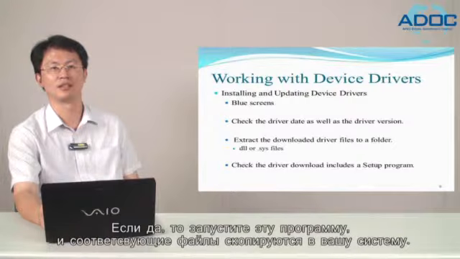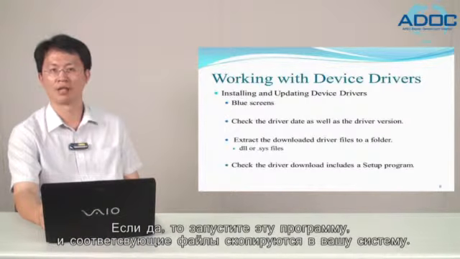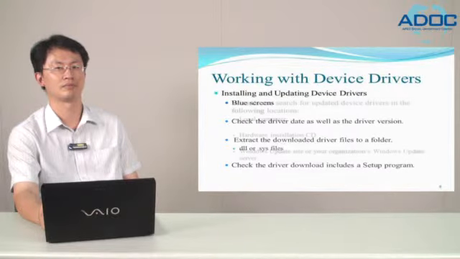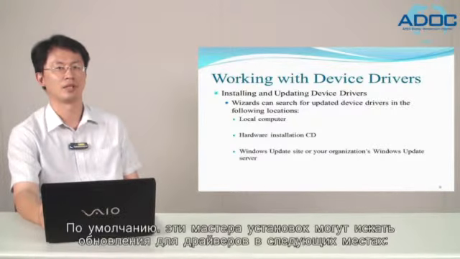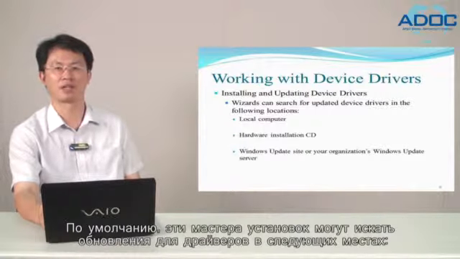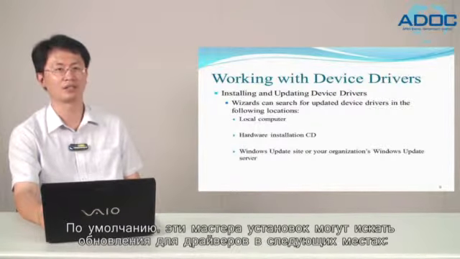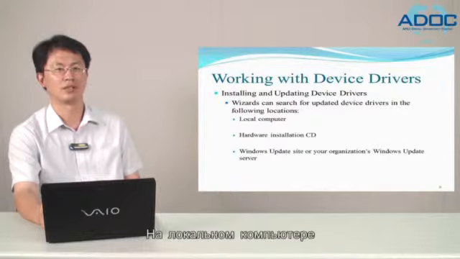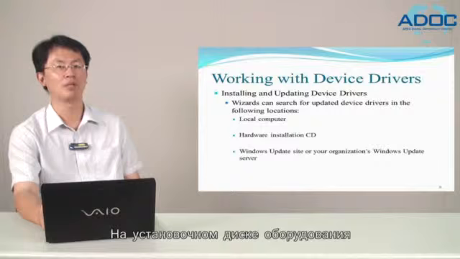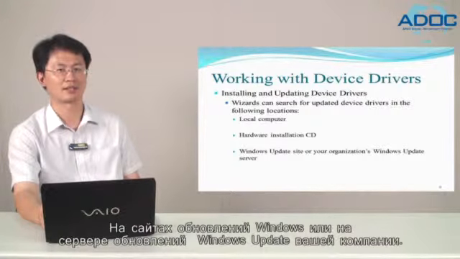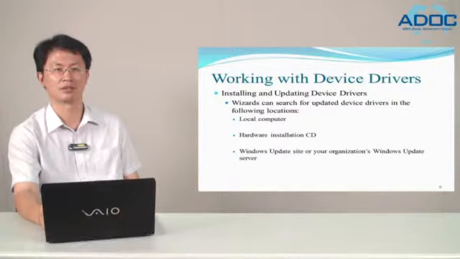If it does, run this program so that the proper files are copied to your system. And by default, these wizards can search for updated device drivers in the following locations: on the local computer, on the hardware installation CDs, on the Windows Update site, or your organization's Windows Update server.